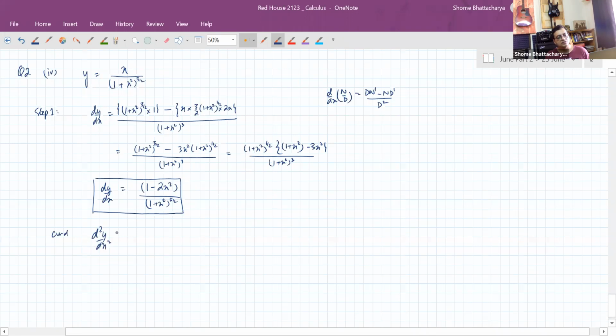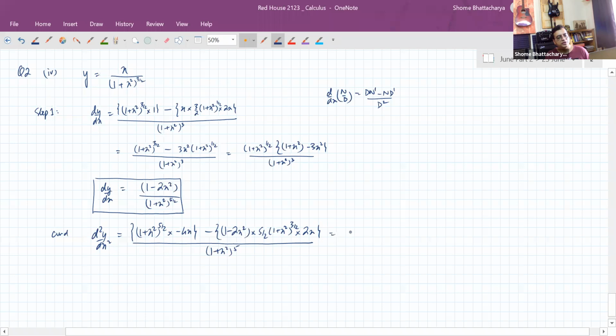So similar kind of steps for second derivative. Denominator into differentiation of numerator. So that is minus 4x. Okay. Minus numerator into differentiation of this term, denominator. So that's power 5 by 2. Okay. This upon denominator whole squared.